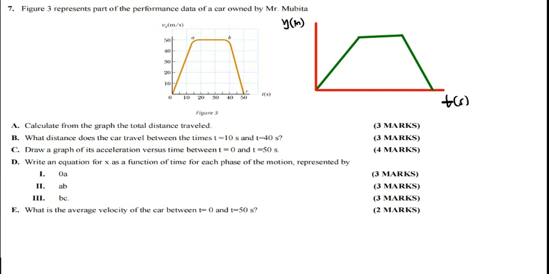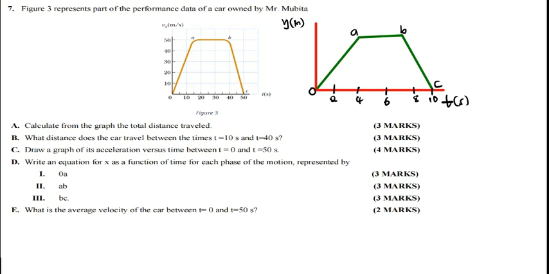Now let's say this is point A, this is point B, and this is point C. And we are assuming that time here it is 2, then there it is 4, here it is 6, there it is 8, and here it is 10.